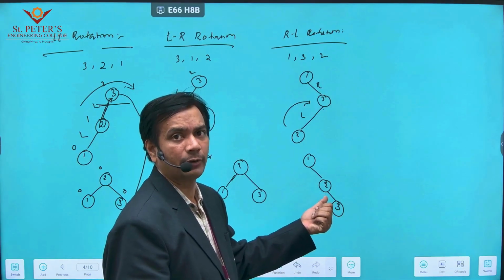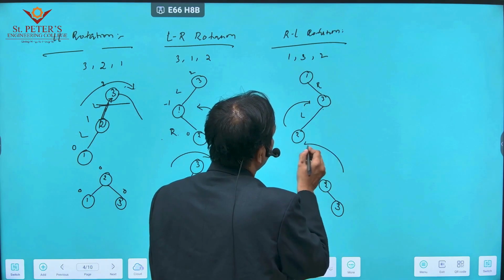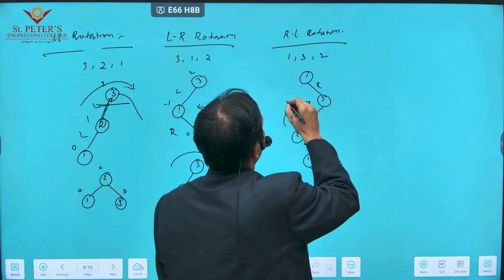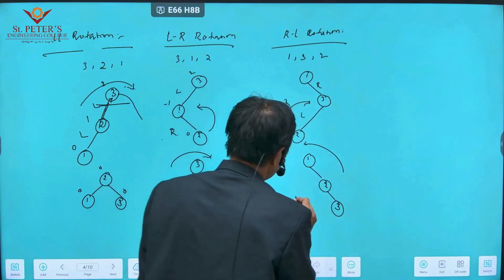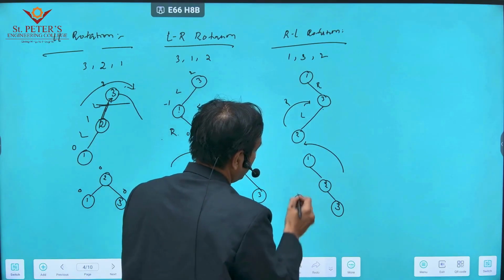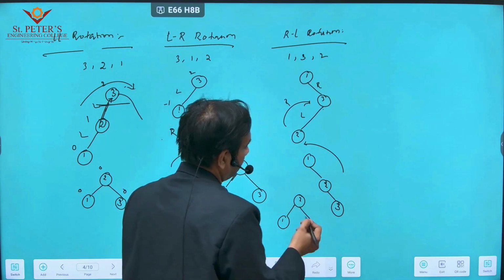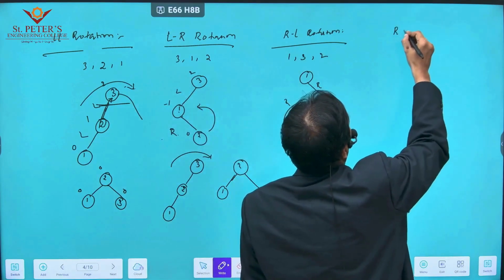Now it is converted to balanced. So now we perform the rotation, L rotation. Here we perform the right rotation. After that, next we perform the left rotation. Then it is 2 and next one is 1, 3. Then it goes to balanced. And the last rotation is RR rotation.